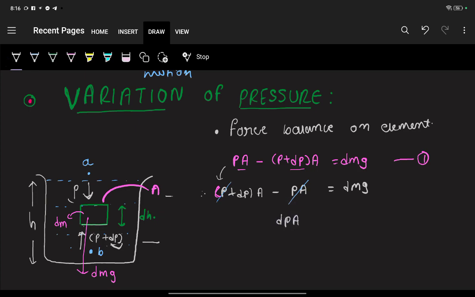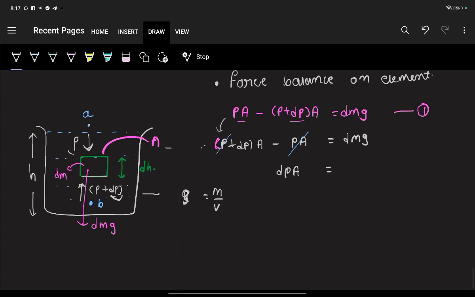by A is equal to the mass written in terms of density. First of all, density is given by mass upon volume, which is m by V. Here the volume of this element would be this height dh multiplied by its area.